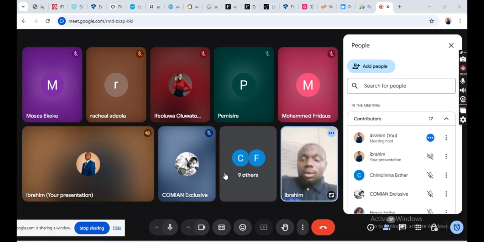Okay. You can't see my screen, right? I think my screen is loading.